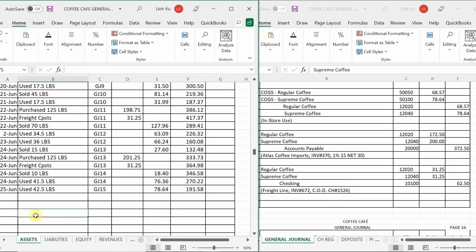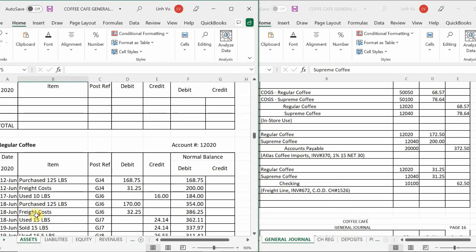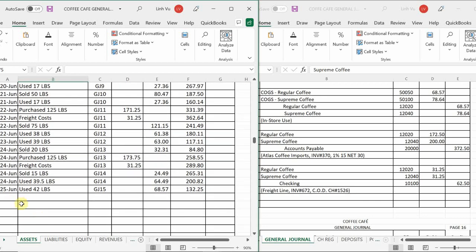So here we already are on the inventory section. So regular coffee. Purchase 125 pounds, and we also have freight cost. We're still in General Journal 15.